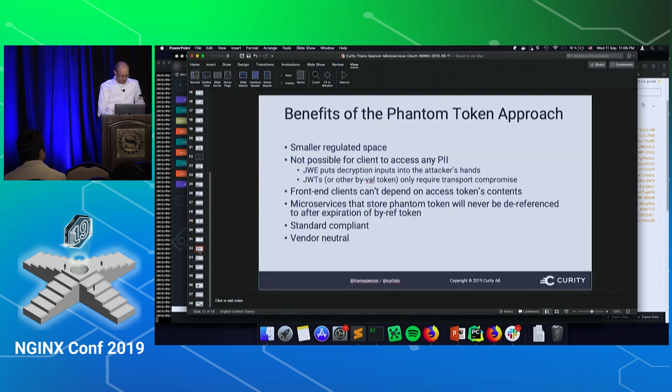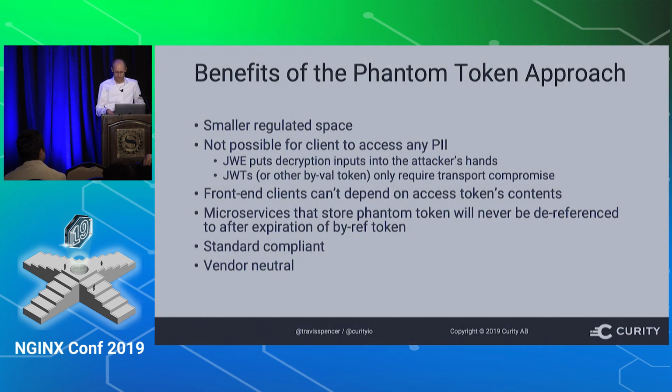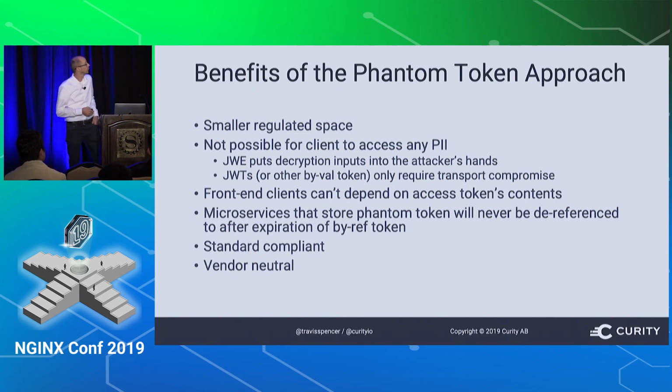Let me switch back to slides and talk about some of the benefits and the drawbacks of this Phantom Token approach. So we end up with a smaller regulated space. Since the days of XML firewalls and tokenization of credit card numbers, we've been doing this for the last couple of decades: taking some sensitive information and replacing it with insensitive information that looks the same.